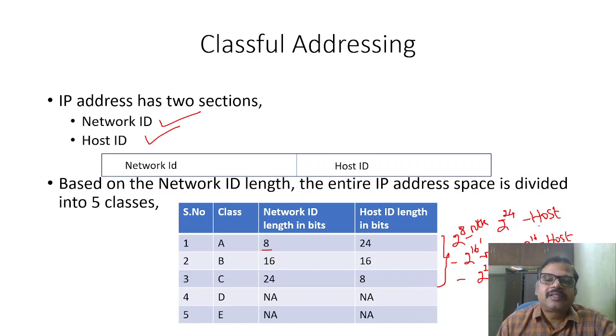But within each network, it can accommodate more computers, more host systems. Class B is intermediate between class A and class C. So these are the consequences of net ID length and host ID length in the addressing.